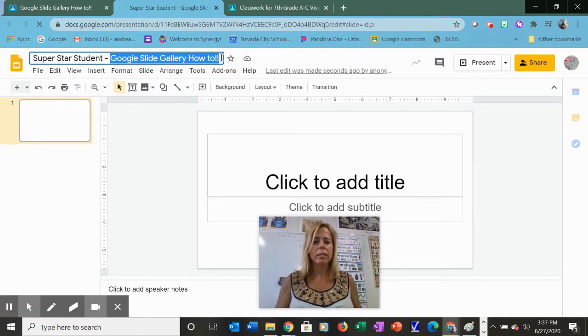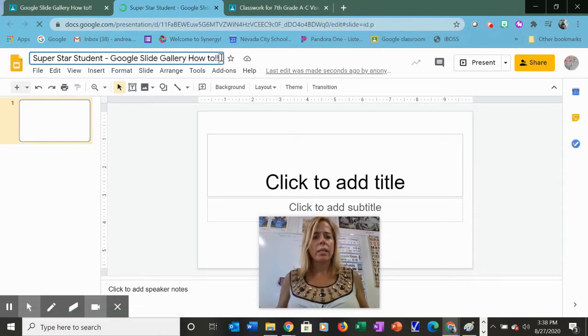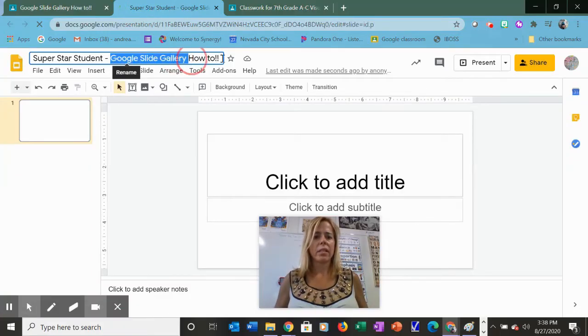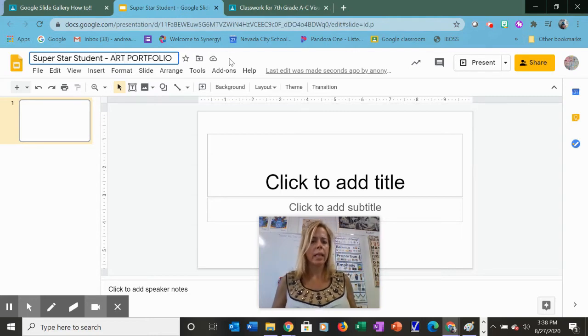I'm highlighting the name of the assignment and I'm going to call it portfolio. Okay, that is what it needs to be called, and you can put 2020 or you can add art portfolio, but maybe we do art portfolio so we know exactly what we're talking about.